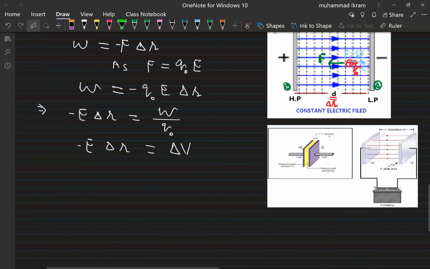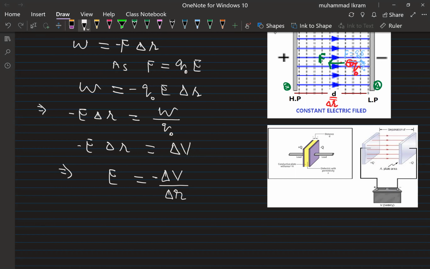So the electric field intensity is the negative rate of change of potential with respect to delta R. This is the potential difference, this is the displacement.